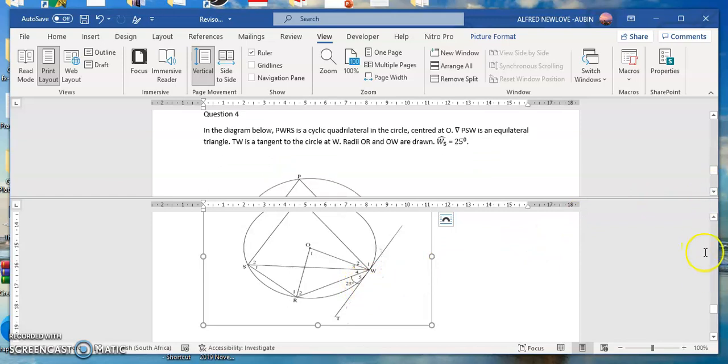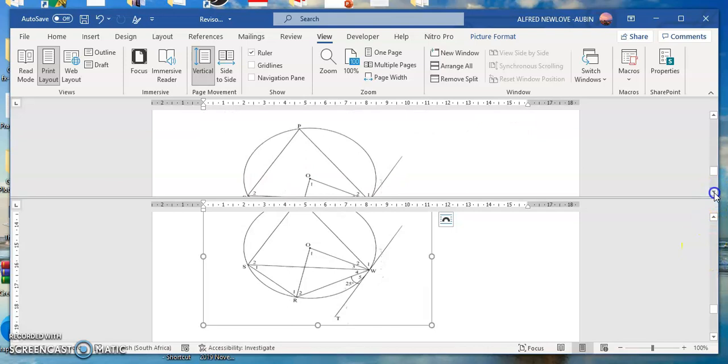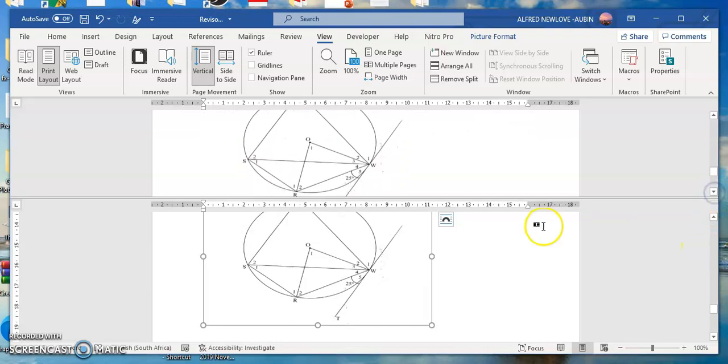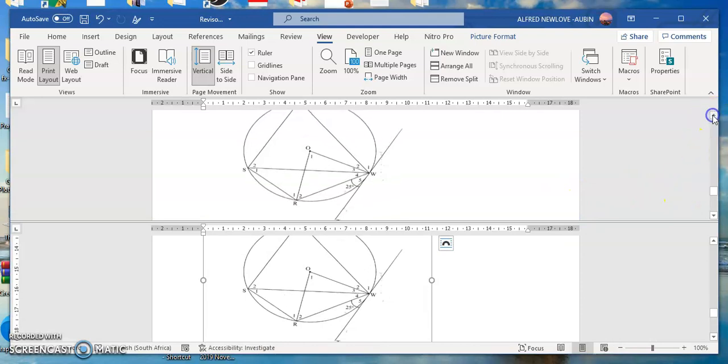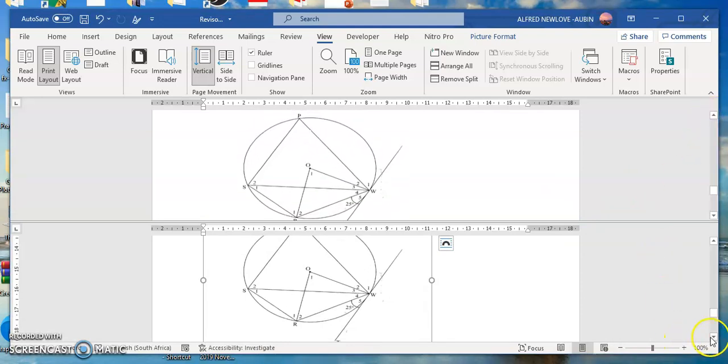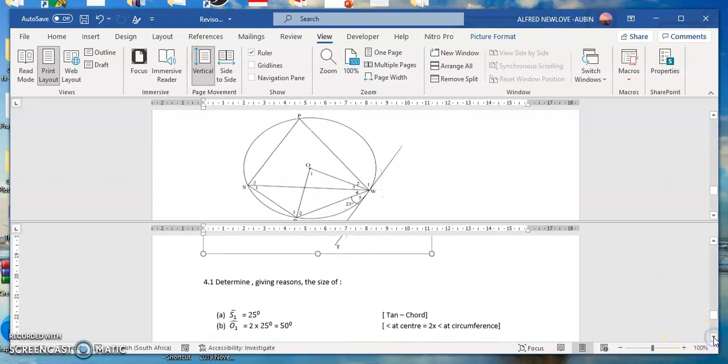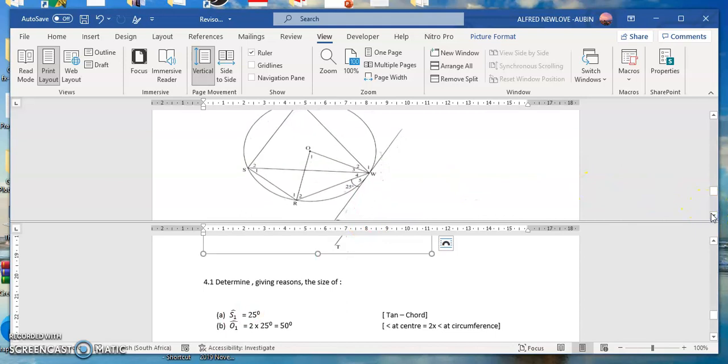Let's look at the first question. It says, determine, giving reasons, the size of S1. Where is S1?